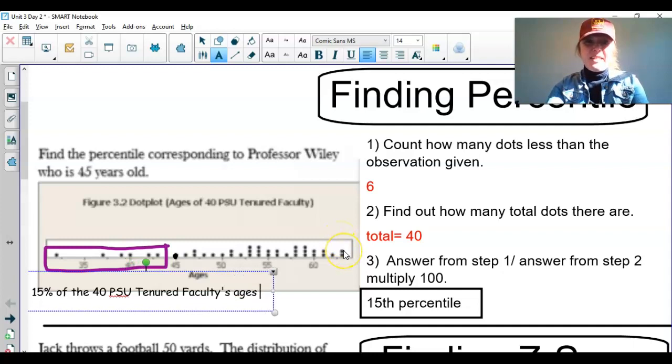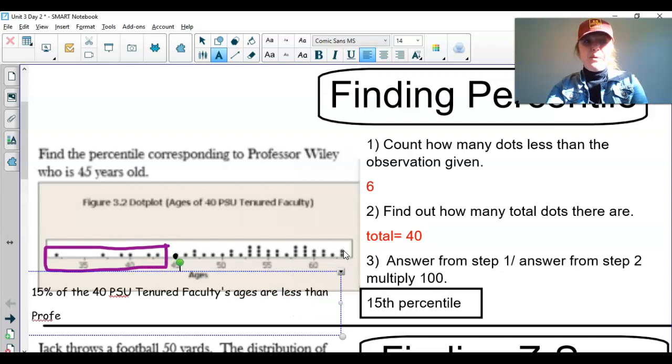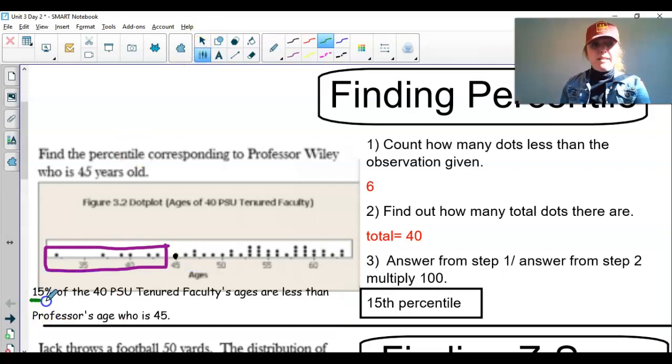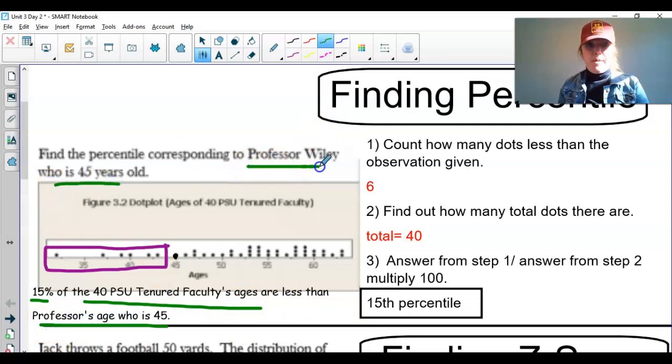That's the context. Are less than Professor Wiley, who is 45, okay? Again, I'm filling in the blank. Here's my percentile, "of," here's the story. Here's what we're looking at: we're looking at ages of the PSU tenured faculty staff, are less than, and then here's our given observation right here, which is in the problem there.